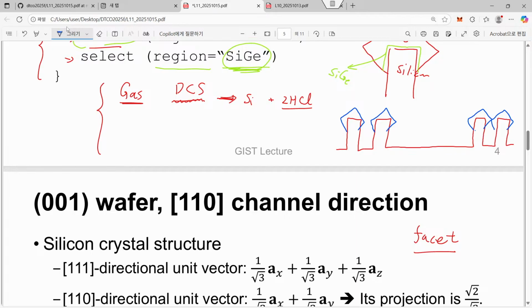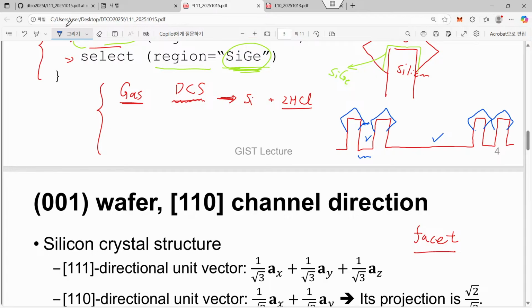In this case, please think about the situation here and there. Previously, although it was narrow, we had a certain amount of opening, but now it becomes wider and wider. Eventually, if our source and drain growth is too fast or we wait too long, then this opening will become quite narrow.